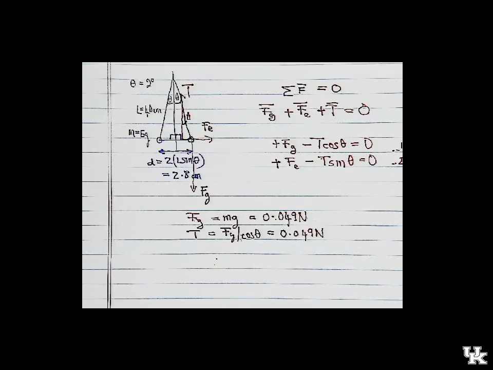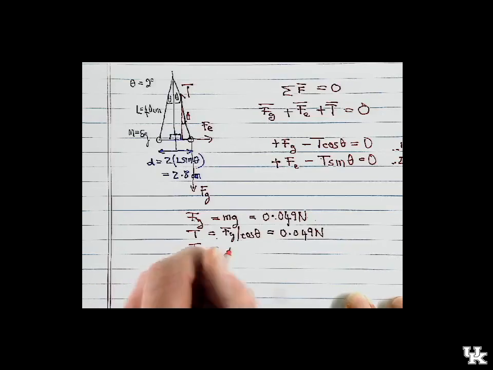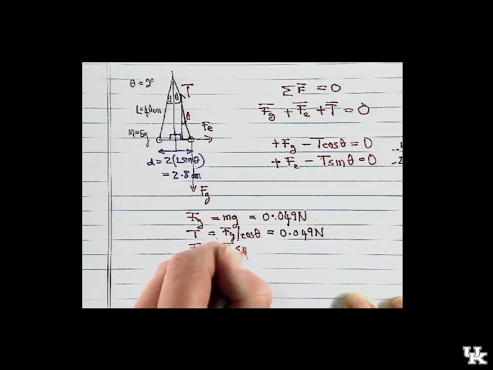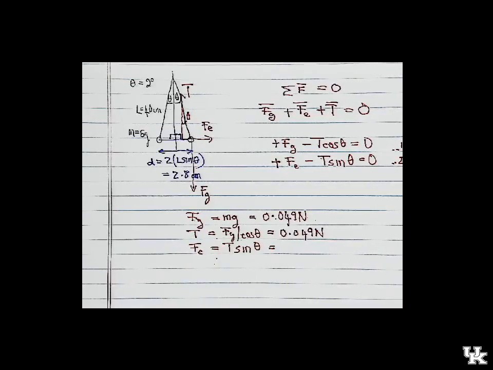Okay, now we've got the tension force, I could look at equation number 2. So equation number 2 relates the tension force and the electrical force. If I know the tension force, and again I know the angle of the string, I can calculate the electrical force with equation number 2. It will just be T sine theta. Now, sine of 0 degrees is actually 0.